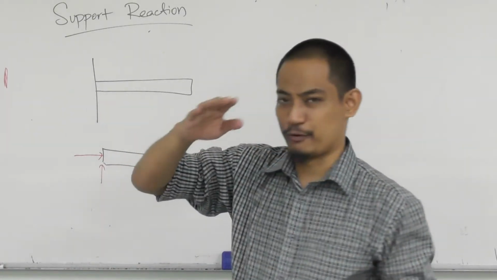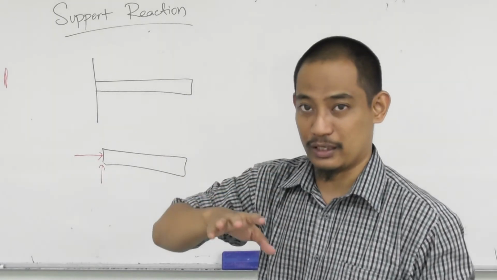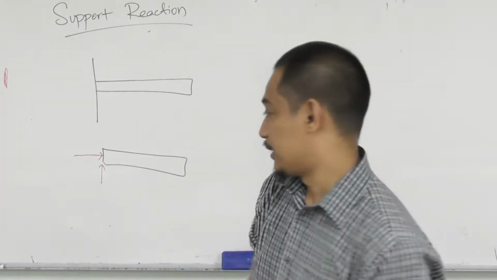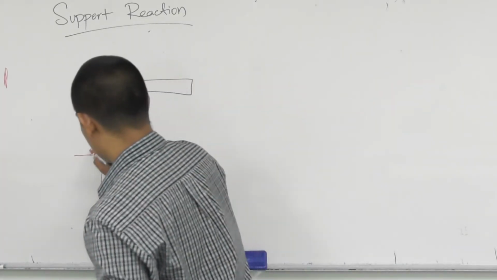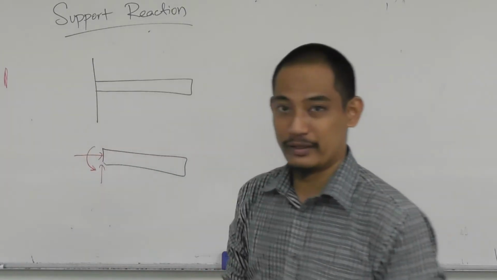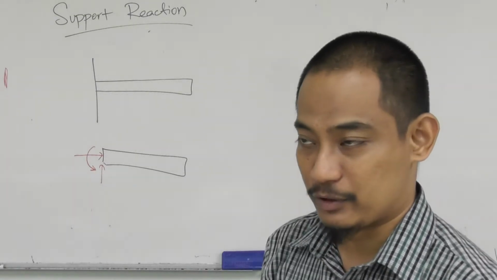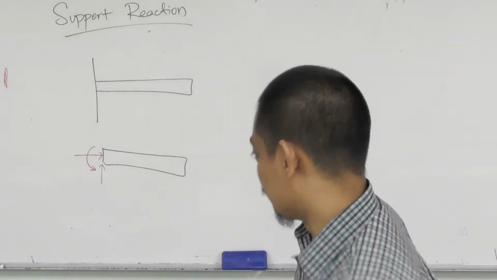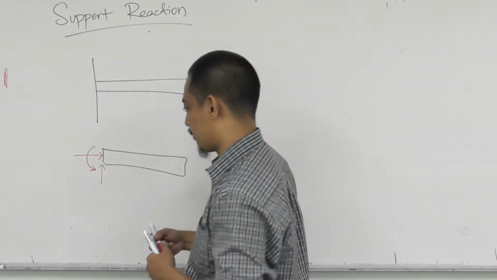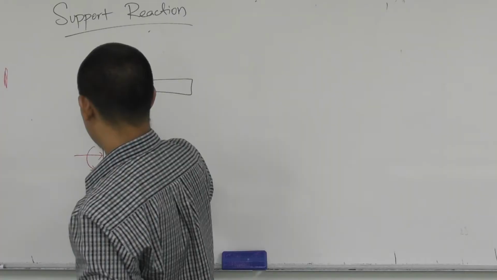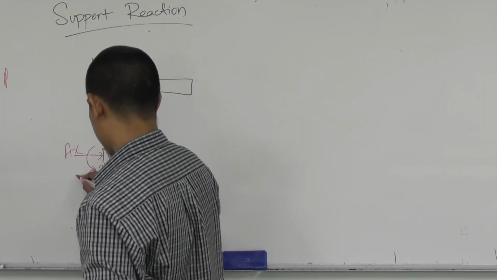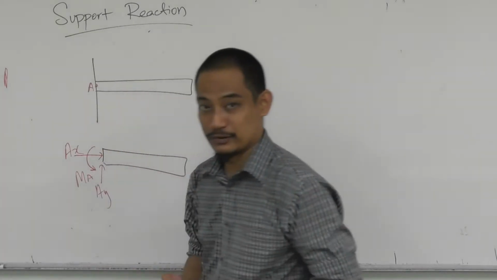Does this allow for rotation, or does it not allow? It does not, right? You cannot rotate. Hence, you have a support moment there, because that is the support moment that prevents the rotation, right? So when you have a fixed support, let's say this is point A, you have AX, AY, and MA, for example, right?